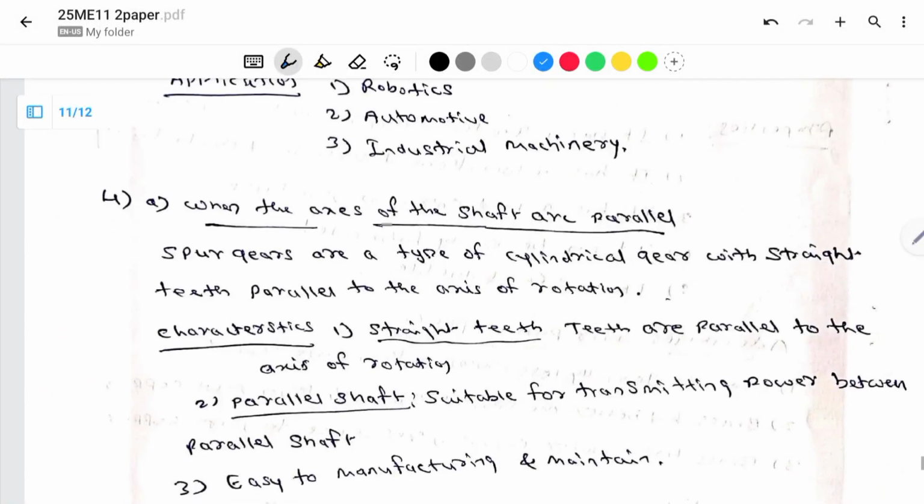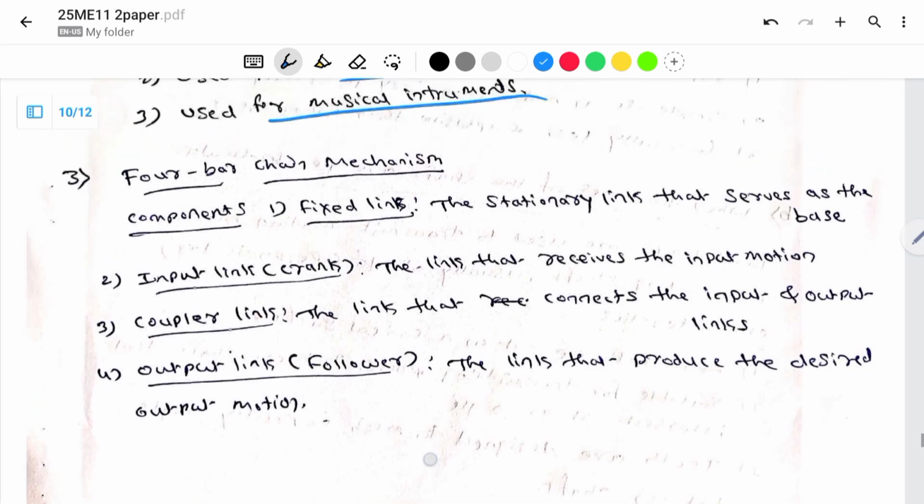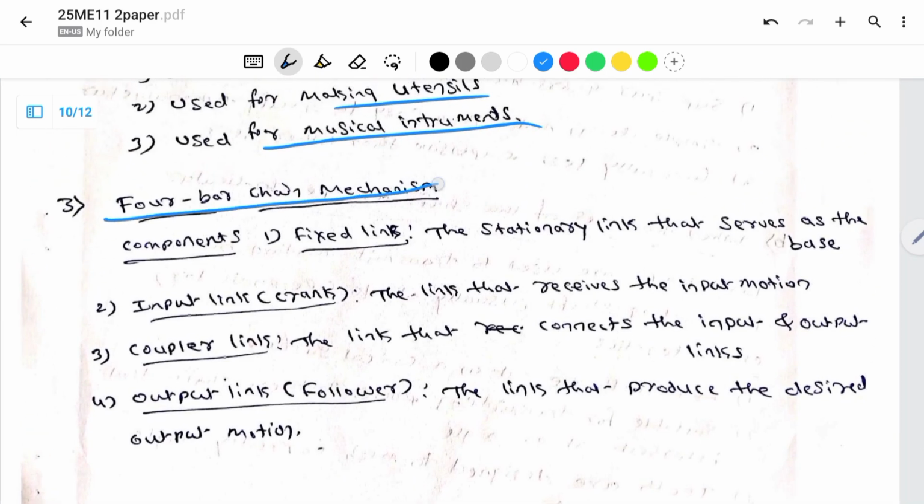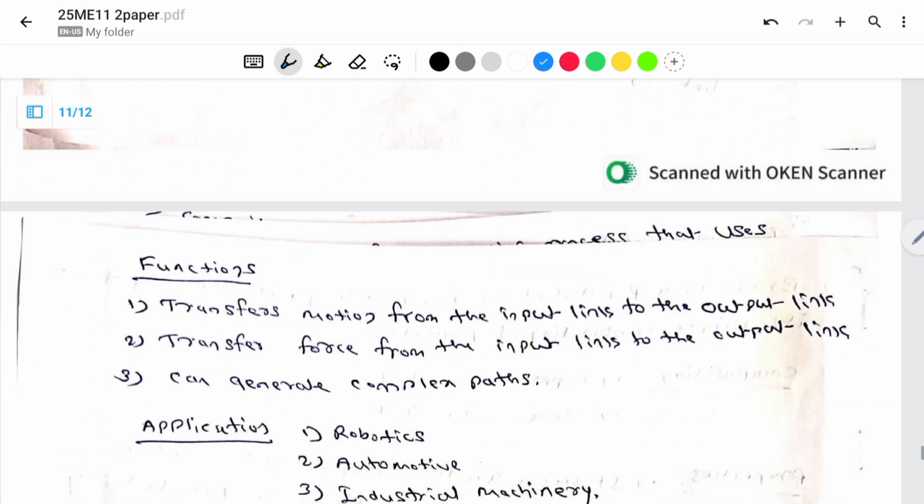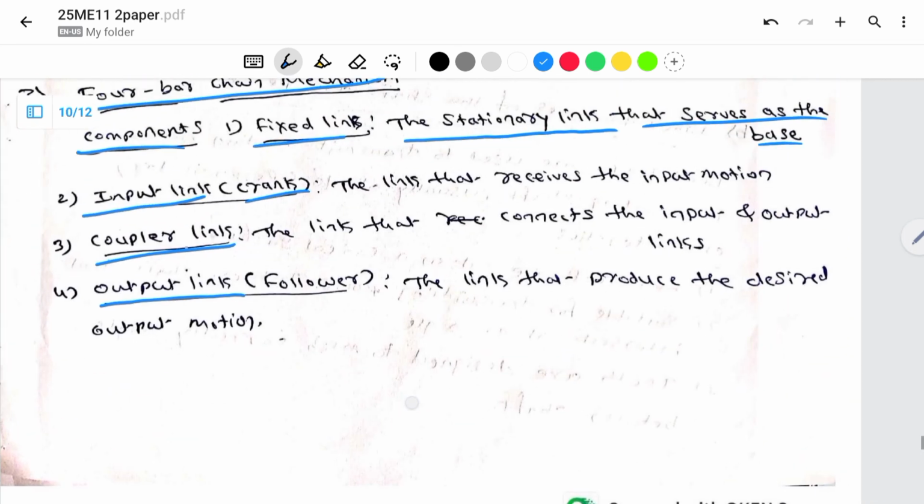So the next one is the 4-bar chain mechanism. It consists of the components: the fixed link, the stationary link that serves as a base; then the input link, that is the crank; the coupler link; and the output link, that is the follower.